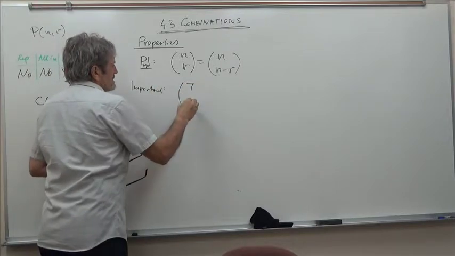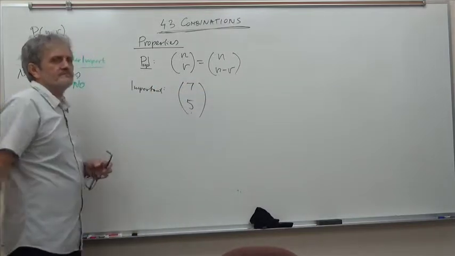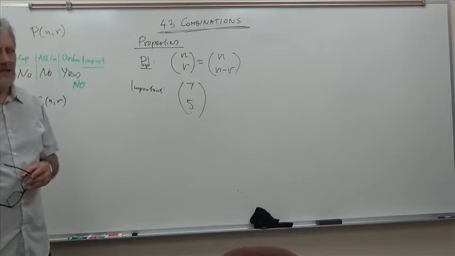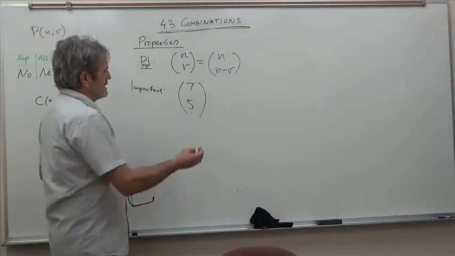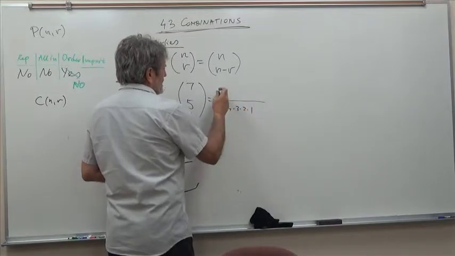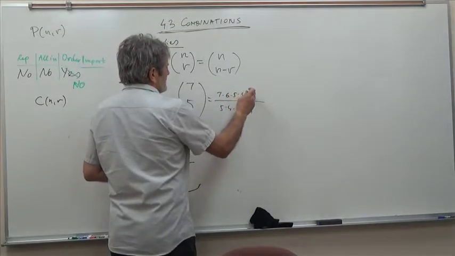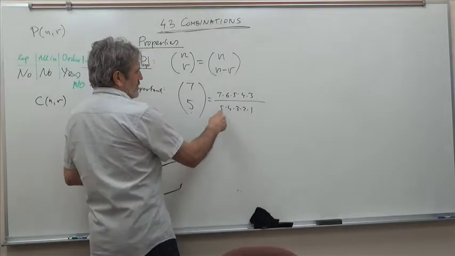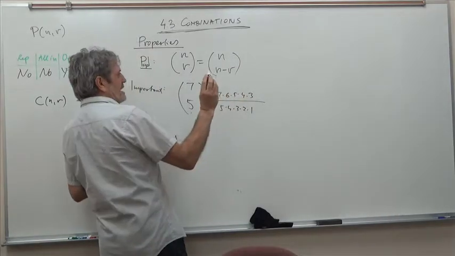Suppose I need to calculate 7 choose 5. Generally I can write it: 5, 4, 3, 2, 1 in the denominator, and 7, 6, 5, 4, 3 in the numerator. Balanced.